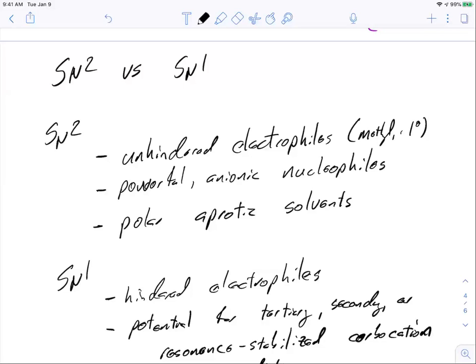Then once you have all the data, if it says SN2, SN2, SN2, SN2, SN2, well, it's SN2, right? But you could have one that's maybe SN1 or SN2, SN1, SN1, maybe SN2. And then from that, you have to make your best prediction. In that case, you've got three things that are possibly SN1, only two things that are possibly SN2.